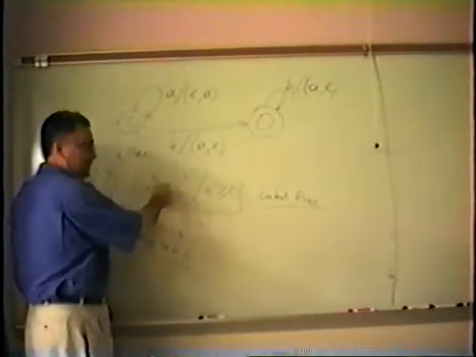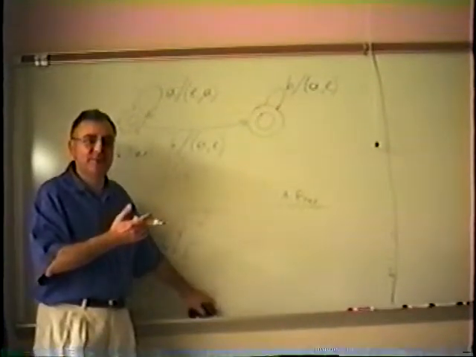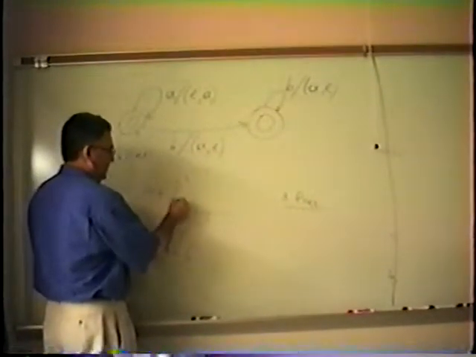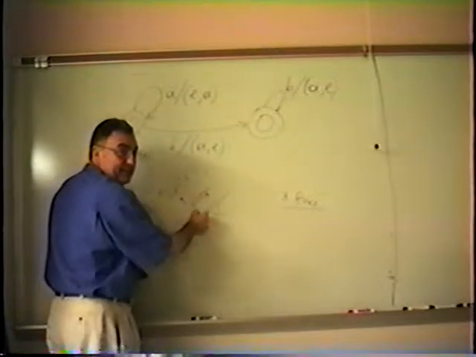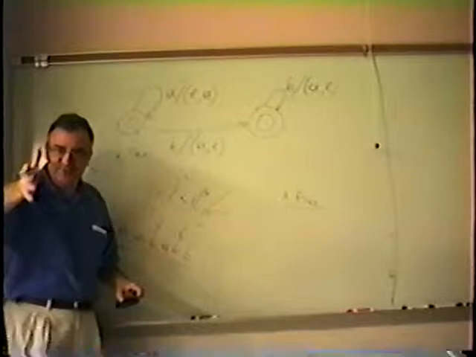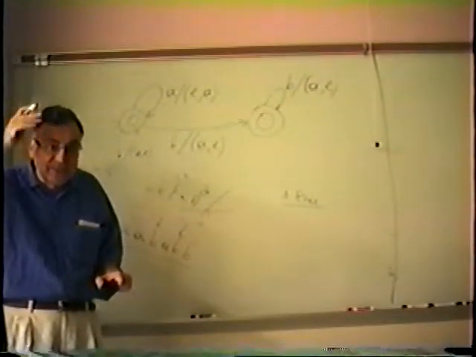So actually the language is not that either. It's difficult to express it. The language is any string in (A, B) star such that for every B, the position of B in the string is less than or equal to the number of A's before it.